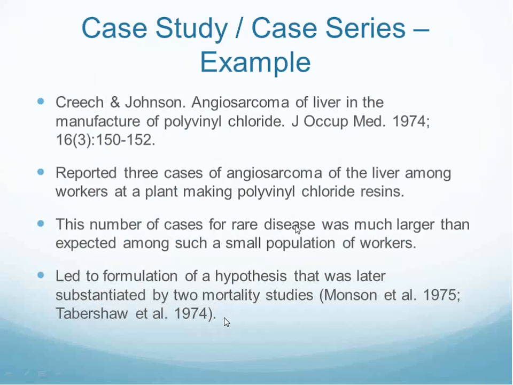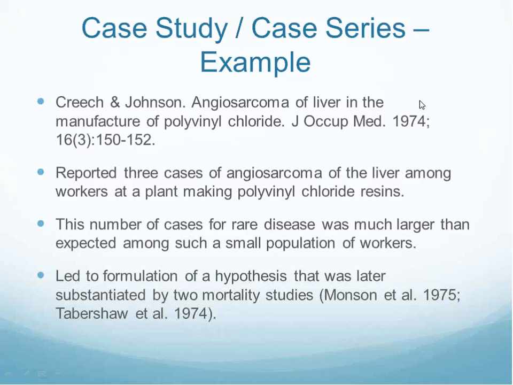A classic example of a case series is from 1974, when Creech and Johnson published a paper on angiosarcoma of the liver and the manufacture of PVC, polyvinyl chloride resins. The reason they published this, and the reason it led to other things, was because it's a rare tumor and it was a fairly small workforce, and they found 3 of these cases among the people working there.